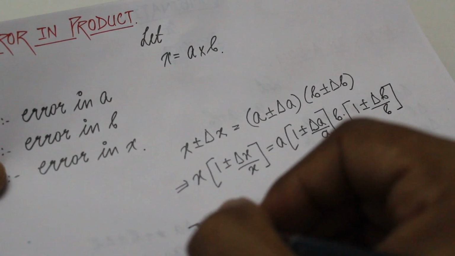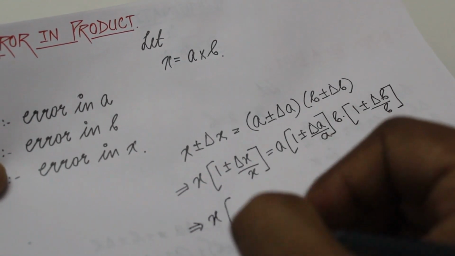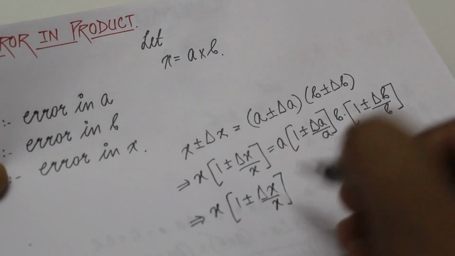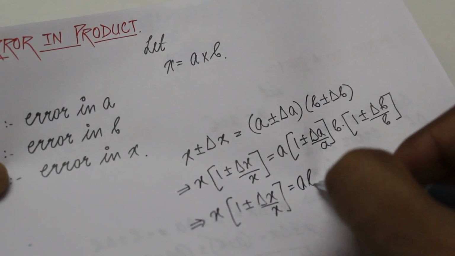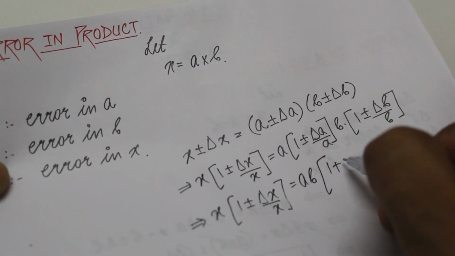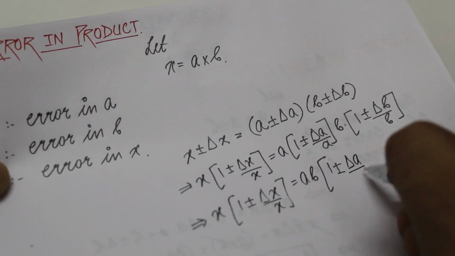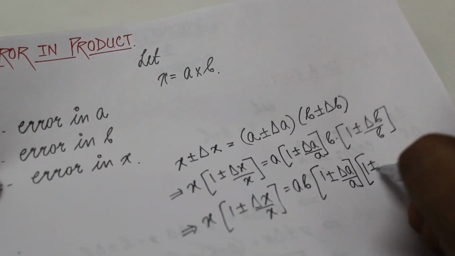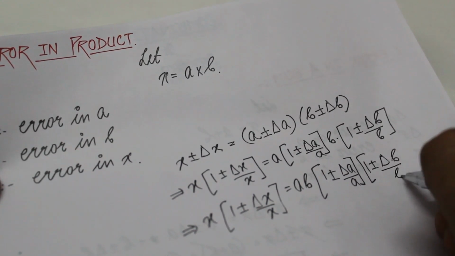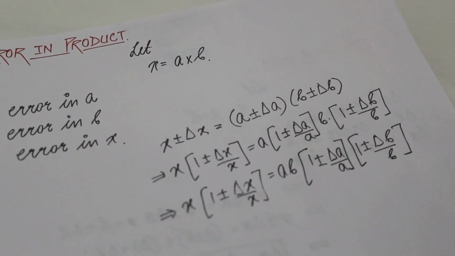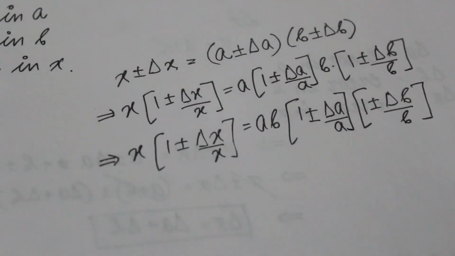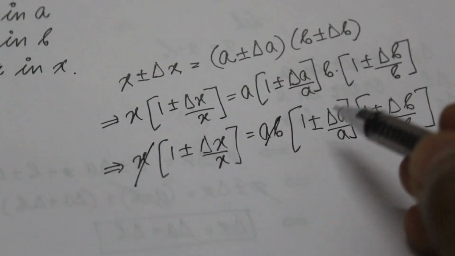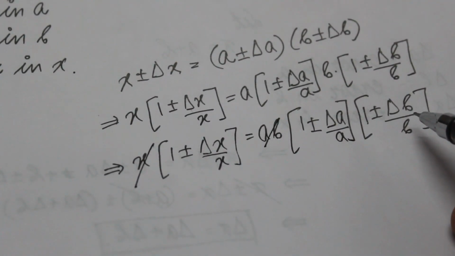Now this can be further written as x into 1 plus minus delta x upon x is equal to a into b, 1 plus minus delta a upon a multiplied by 1 plus minus delta b upon b. As we know that x is equal to ab, so what we'll do is we'll cancel them out and then we'll use the distribution law.